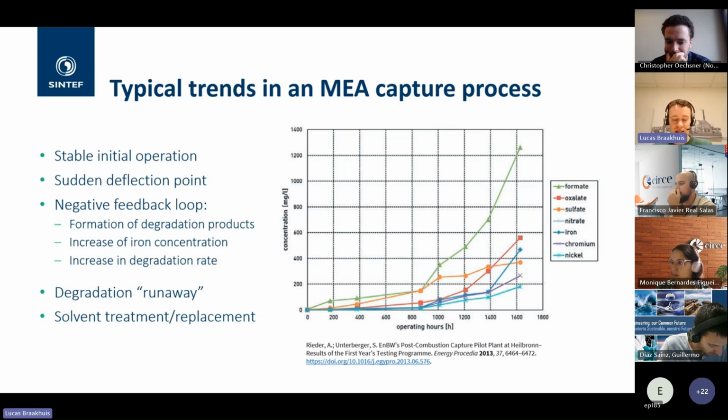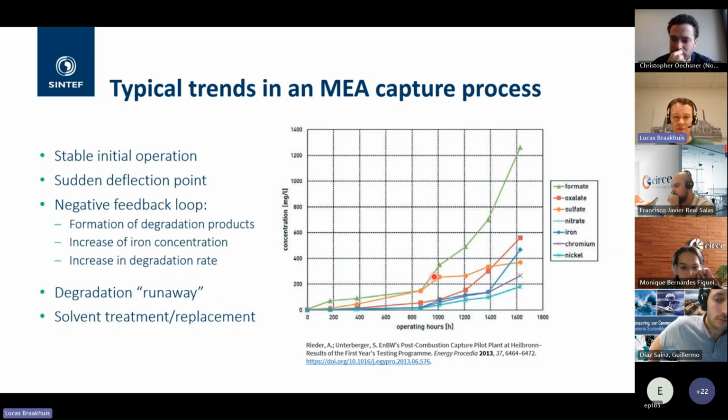You can see that they've analyzed the solvent for the duration of the campaign, for formate and oxalate, which are typical oxidative degradation products, sulfate and nitrate, which are typically impurities in the flue gas, and then iron, chromium, and nickel, which are metals that have been leached from the equipment. And this type of behavior is seen in a lot of different pilots and different processes. So it's really common behavior.